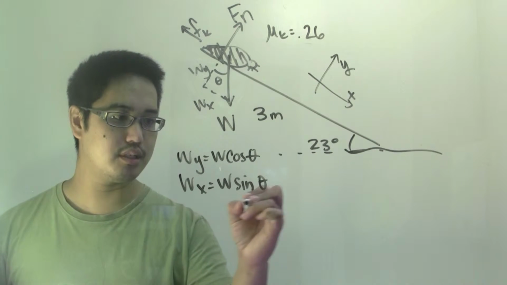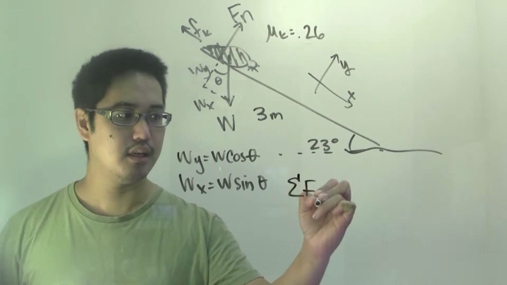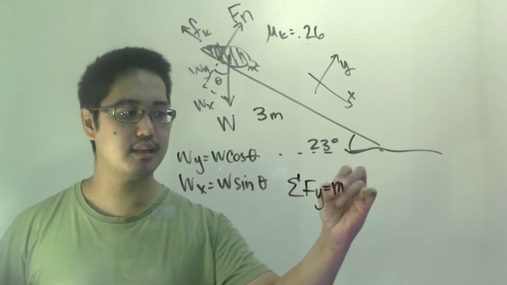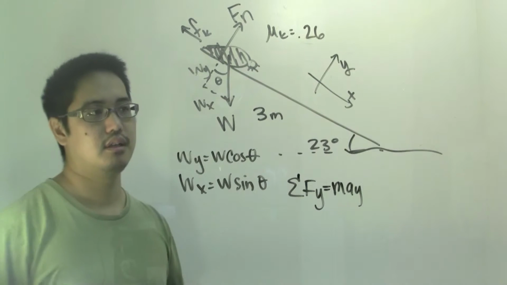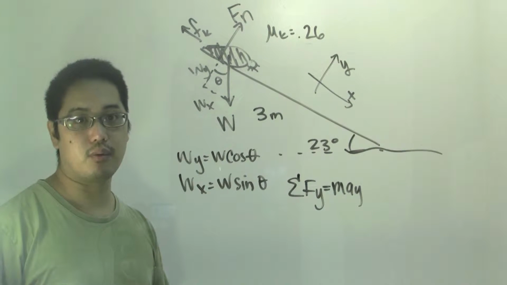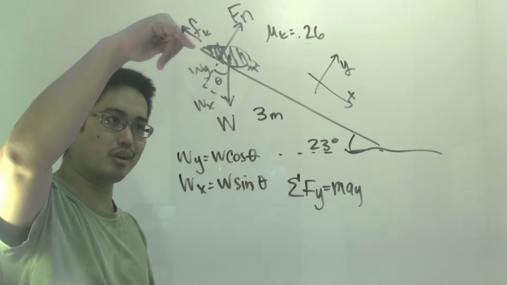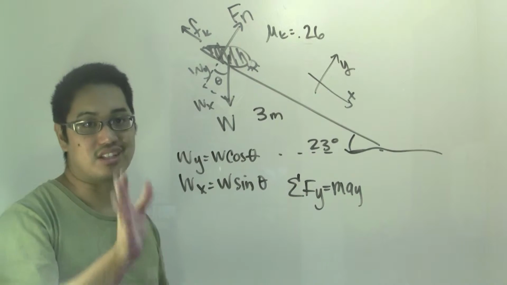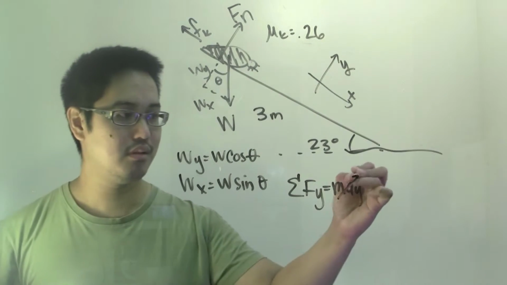Let's sum the forces in the y direction, which is equal to mass times acceleration in the y direction. Now, what's the acceleration in the y direction? You would say, well, it's kind of going down like this. No, it's not. The acceleration in the y direction in this particular case is 0.